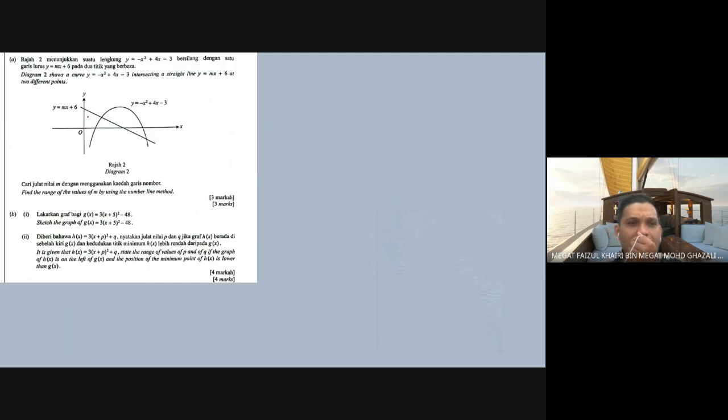Okay, diagram 2 shows a curve of negative x squared. Sorry ya, sekejap. Ada problem. Sekejap lagi ya, saya ada problem sikit.